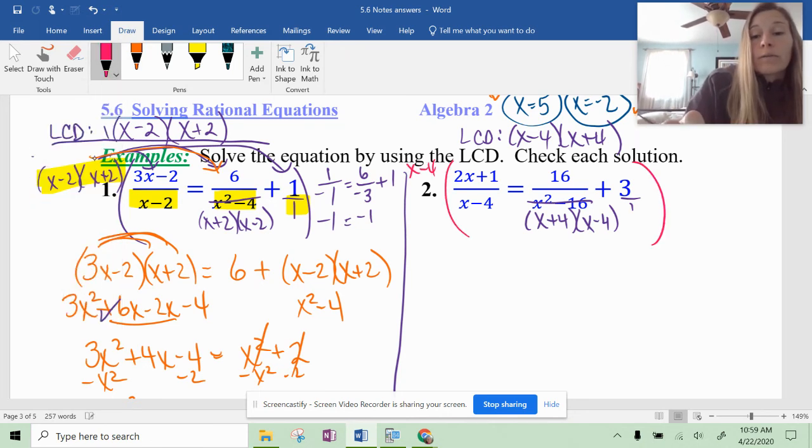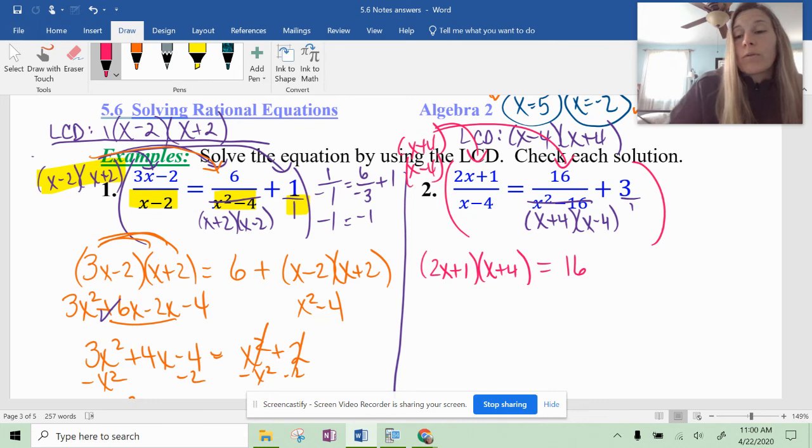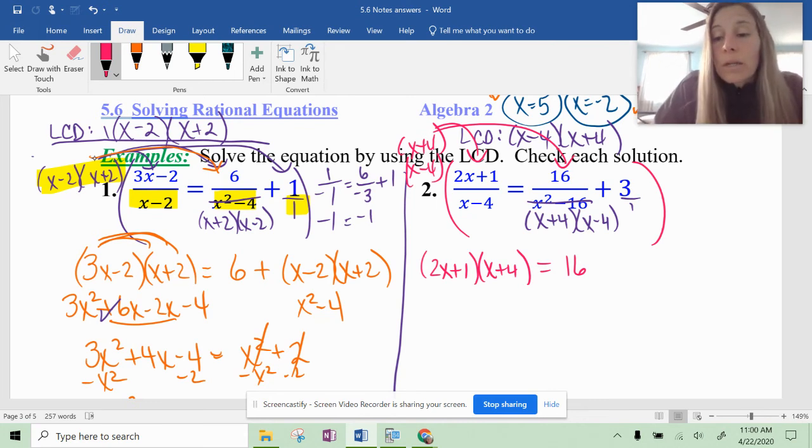This x minus 4, x plus 4. When we go to the first term, the x minus 4's cancel, so we're left with the 2x plus 1 times x plus 4. When we distribute to this one here, we just have 16 because the x plus 4 and the x minus 4 are both going to cancel with that denominator.